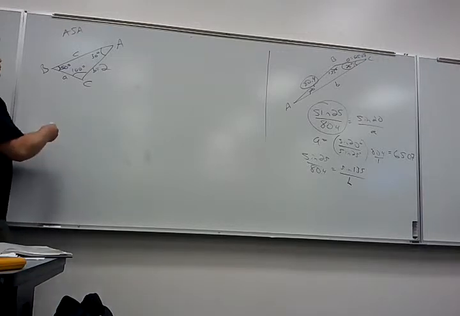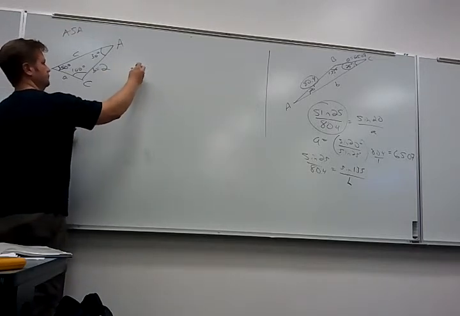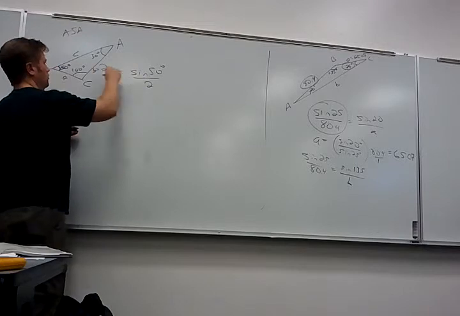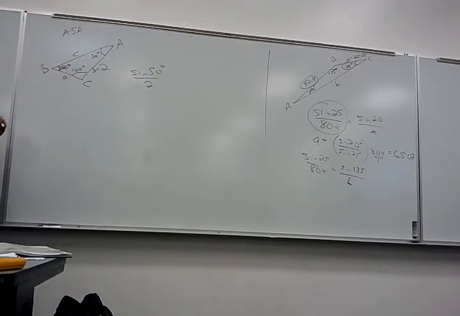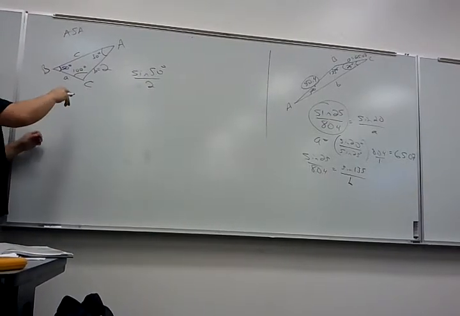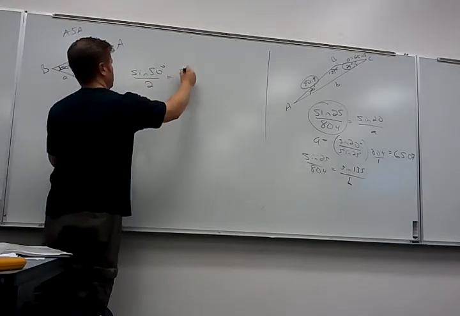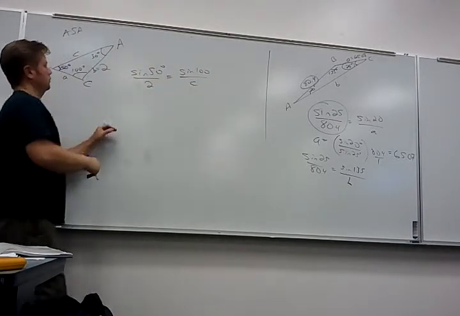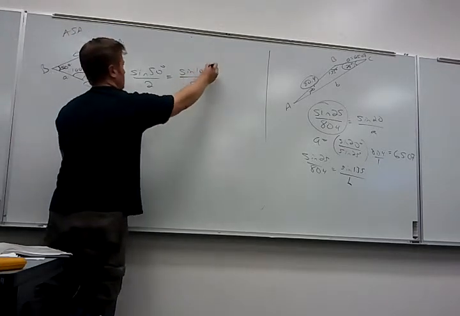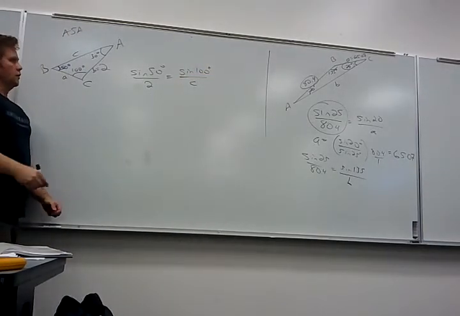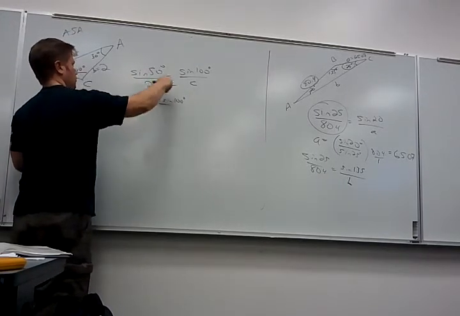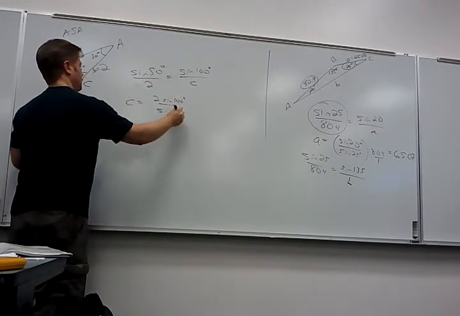All right. So what ratio can I set up? That's the one that I know everything about, and then I can really just pick. So I can set up sine of 100 over C. So C is 2 times sine of 100 over sine 50.